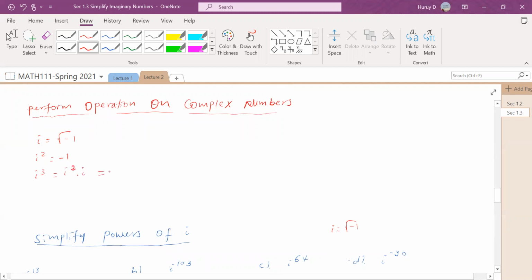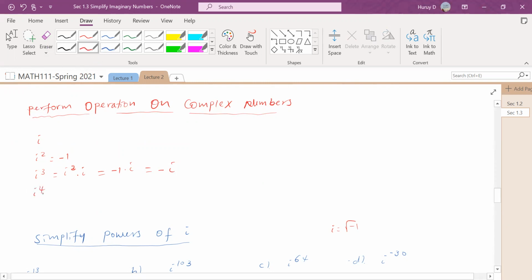And i squared is negative 1, and i is this guy, so I will keep i. Therefore, this is negative i. So i cubed is negative i. We have i, i squared, which is negative 1, and i cubed, which is negative i, and then i to the power of 4.